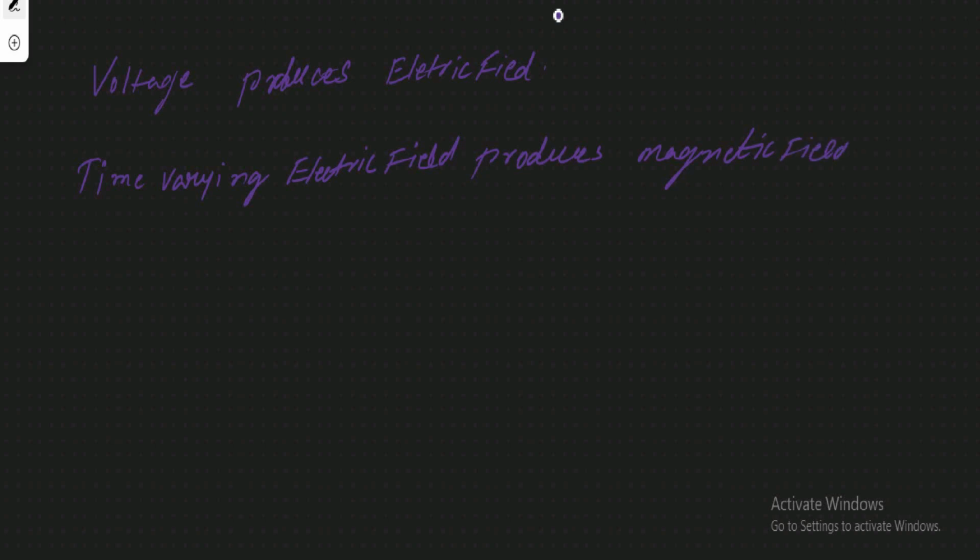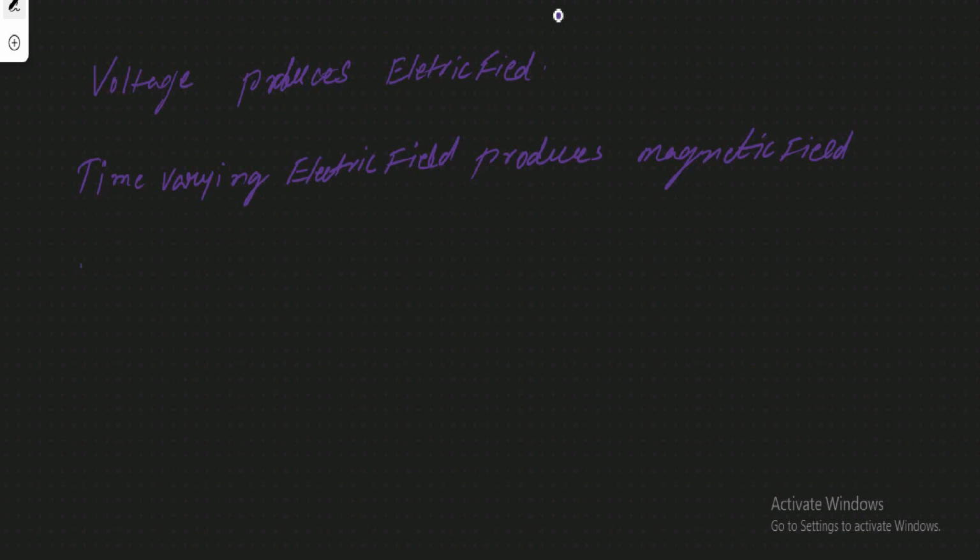So voltage produces an electric field, and a time varying electric field produces a magnetic field. It means that simply we can say an electric field produces a magnetic field. If the electric field is static, it produces a static magnetic field. If the electric field is time varying, it produces a time varying magnetic field.